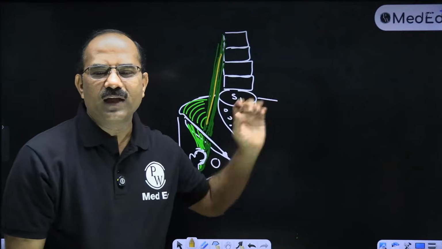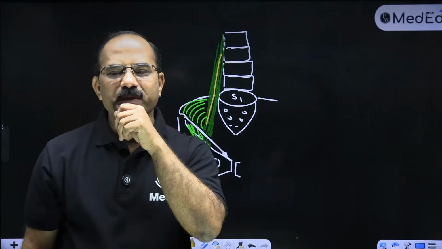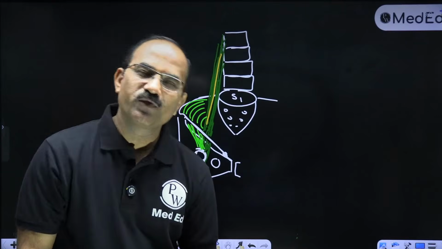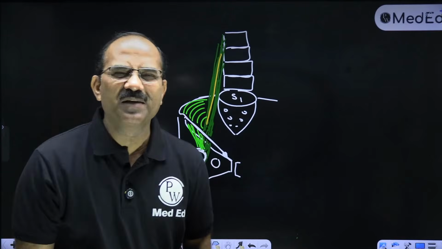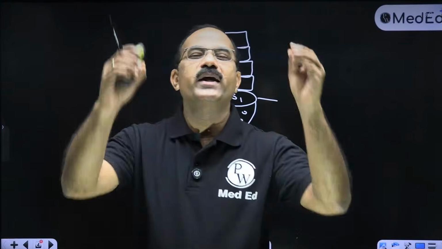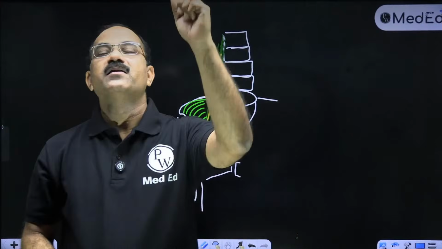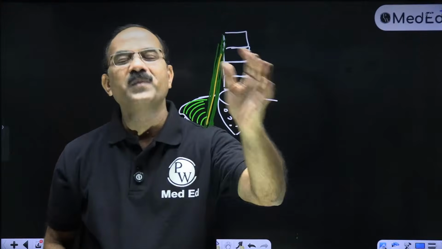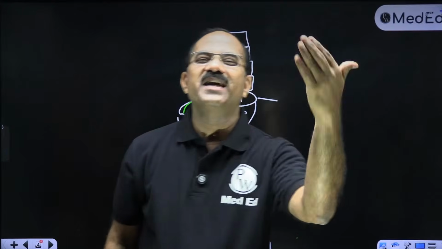Okay, which is the nerve lying on the psoas major? The nerve lying on the psoas major is the genitofemoral nerve. This is the genitofemoral nerve which lies on the psoas major. The genitofemoral nerve divides into a genital branch and a femoral branch. The genital branch enters the spermatic cord in males or the round ligament of uterus in females.